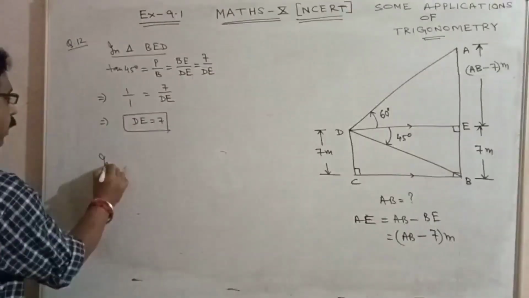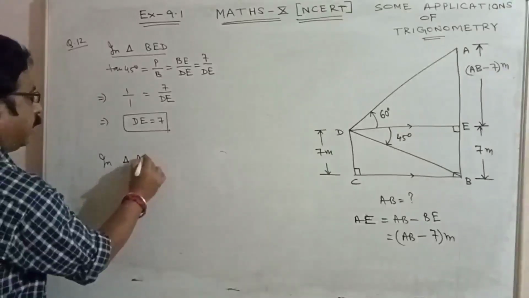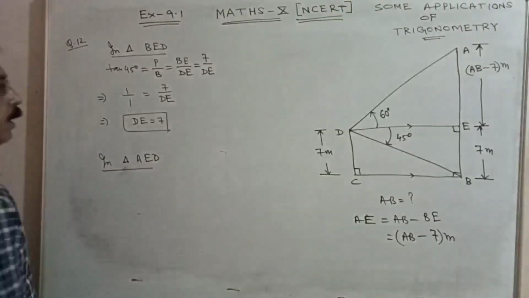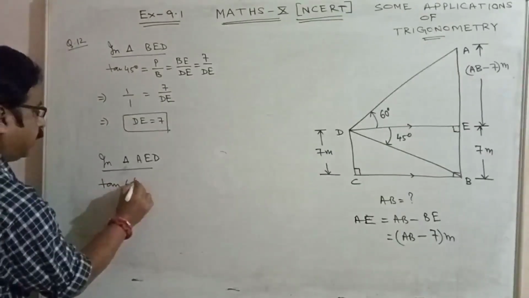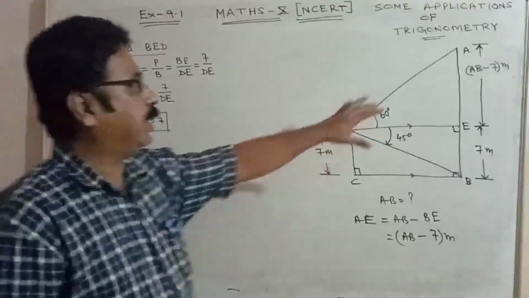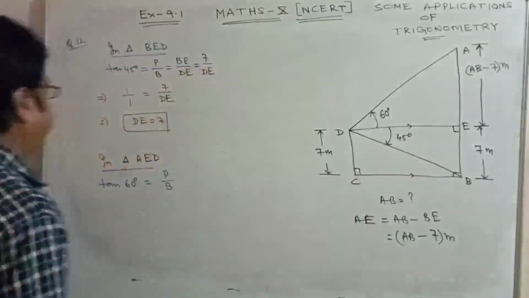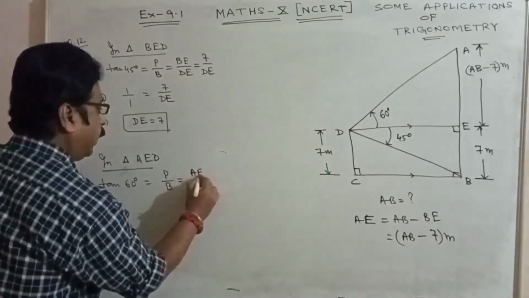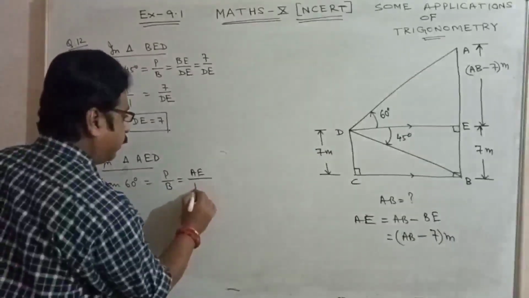Next, we can take triangle AED. In triangle AED, tan 60 degrees equals perpendicular upon base. The perpendicular is AE, the base is DE. So AE upon DE.